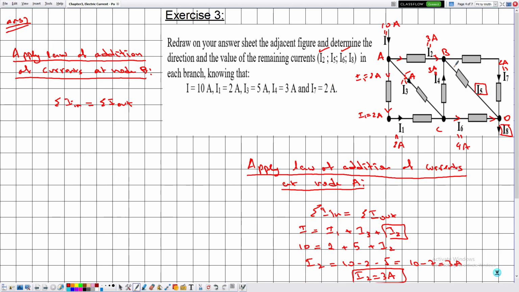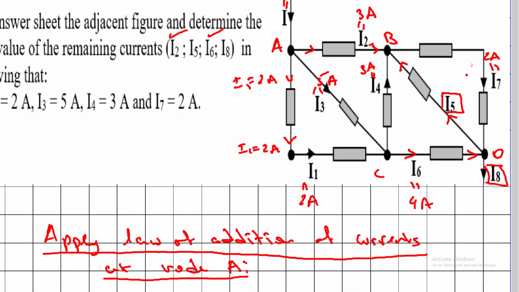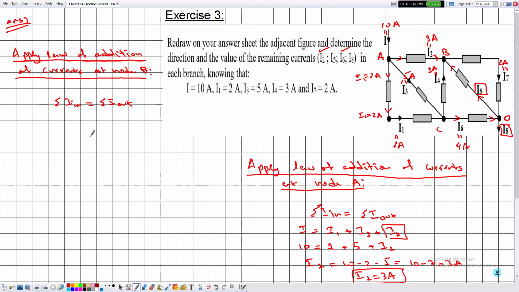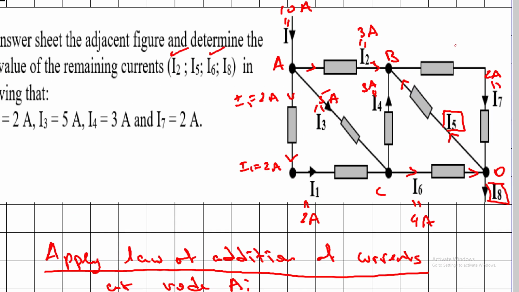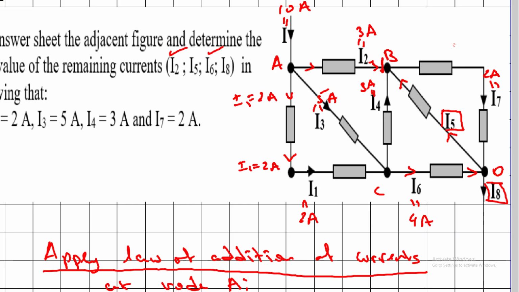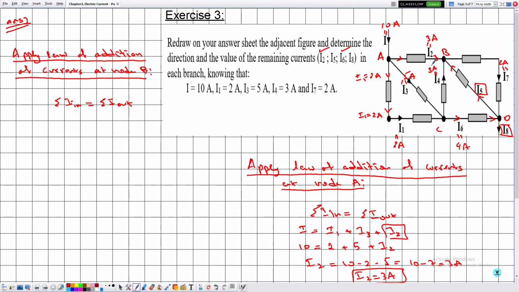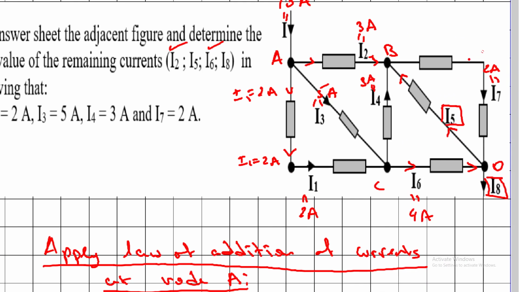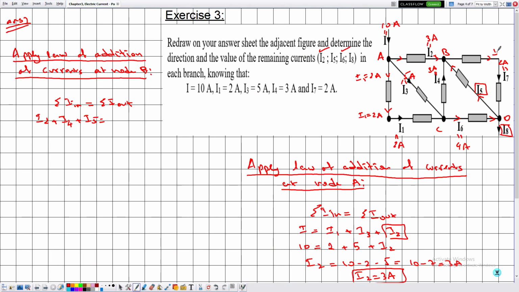So let me suppose that it is entering the node, although my intuition tells me that it's leaving the node. So what are the different currents that are entering the node in this case? We have I2, I4, and I5. And the current that is leaving the node is given by I7.